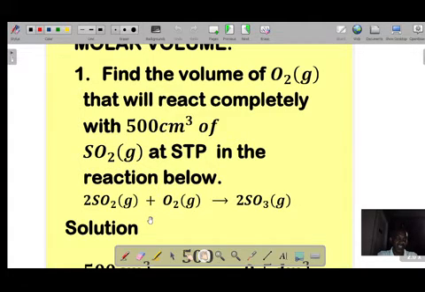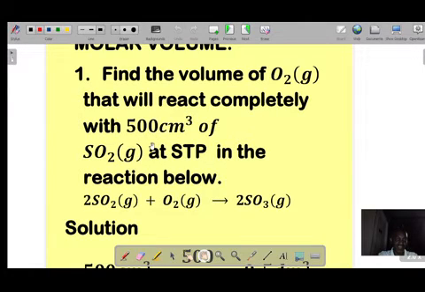Now if you look at what I have here, all these are gases, right? And we said yesterday that we did with decimeters cubed. So tell me now, somebody, if I have 500 cubic centimeters and I want to get decimeters cubed, what must I do? We said you divide by what? By 1,000. So if you divide this, you're going to get 0.5.